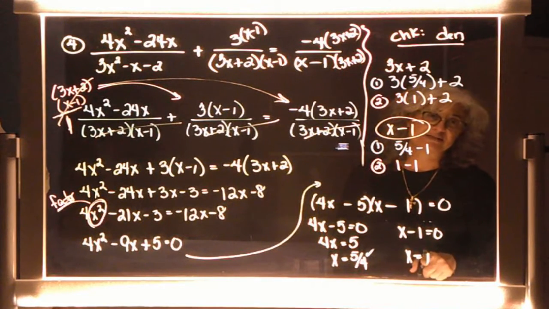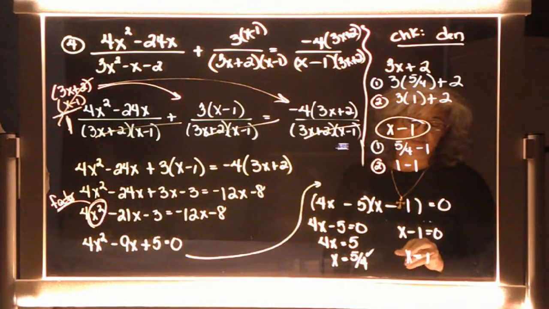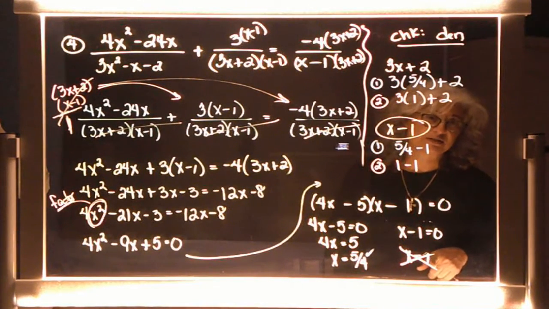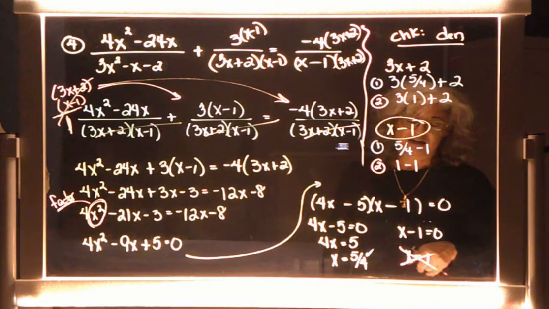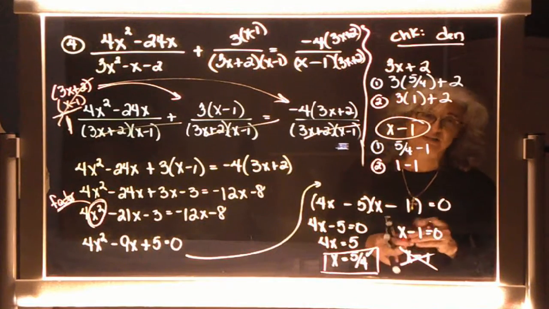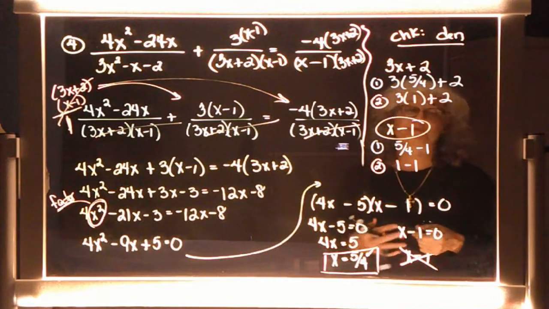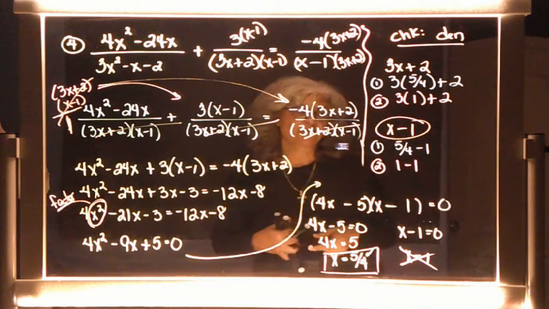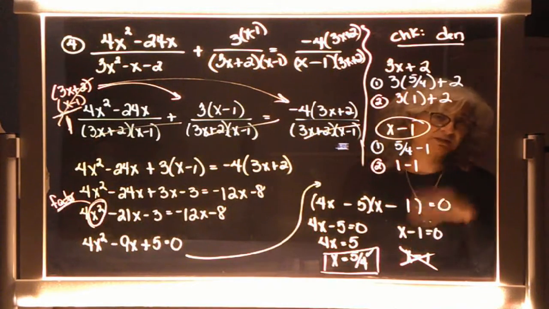Can I use this answer then? Nope. I did everything right. I have 2 answers, and one of the answers isn't working for us. In this case, I have 1 answer that works, and this will be the only answer for this particular problem. Cool? Okay. And you're like, well, what happens if both of them didn't work? Then you got no solution.